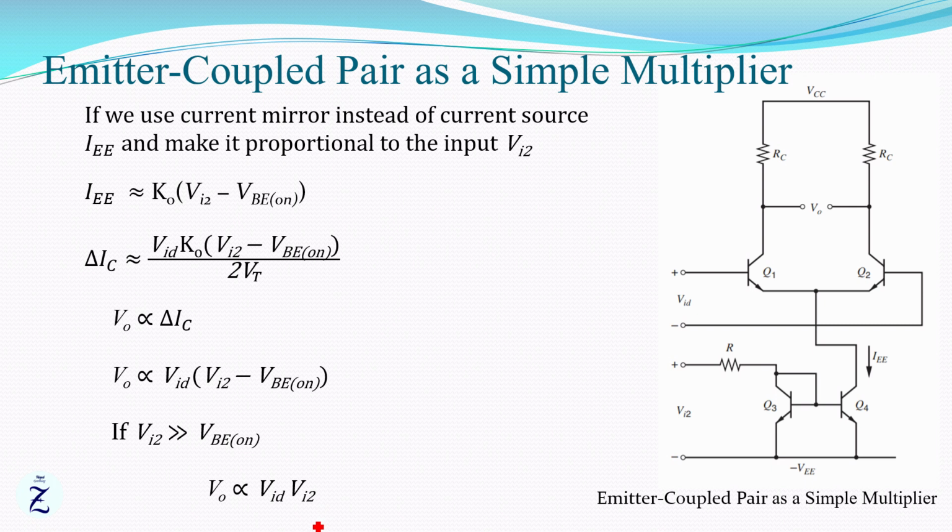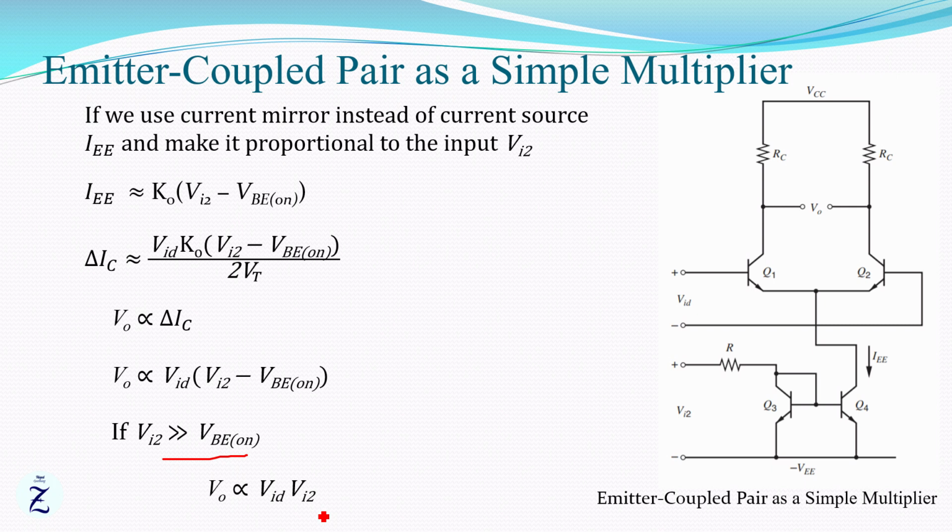Here VI2 should be higher than VBE on and VID should be small. VI2 should be greater than VBE on means that the multiplier functions only in one quadrant. So this type of multiplier belongs to the two-quadrant multiplier.